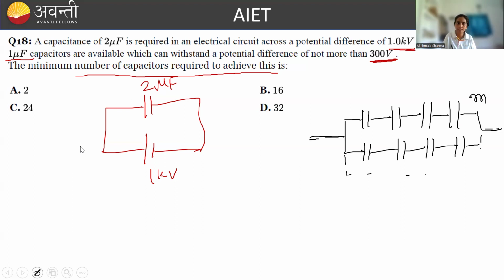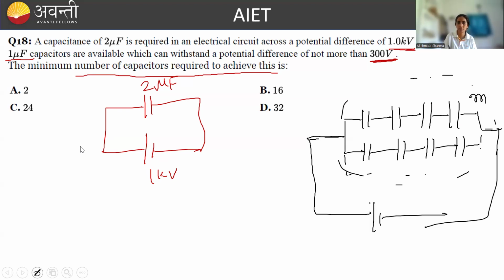Done it? And they are all connected across 1 kilovolt such that this whole combination gives C equivalent equal to 2 microfarad. Now, each can withstand how much voltage? 300 volt. Okay? So if they are connected in series, they are equal capacitors.